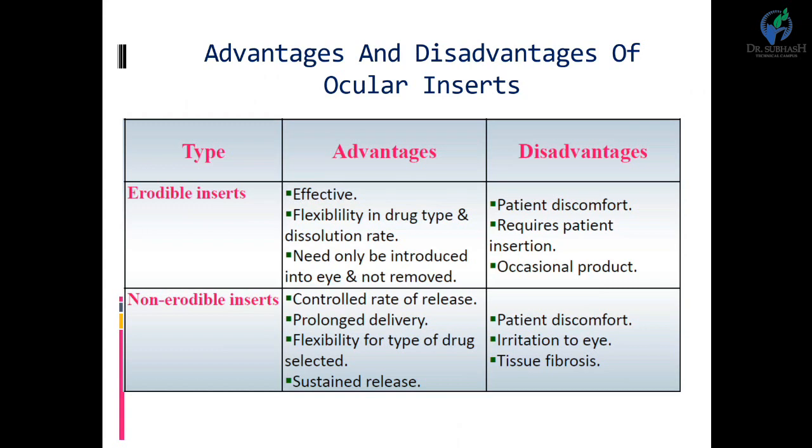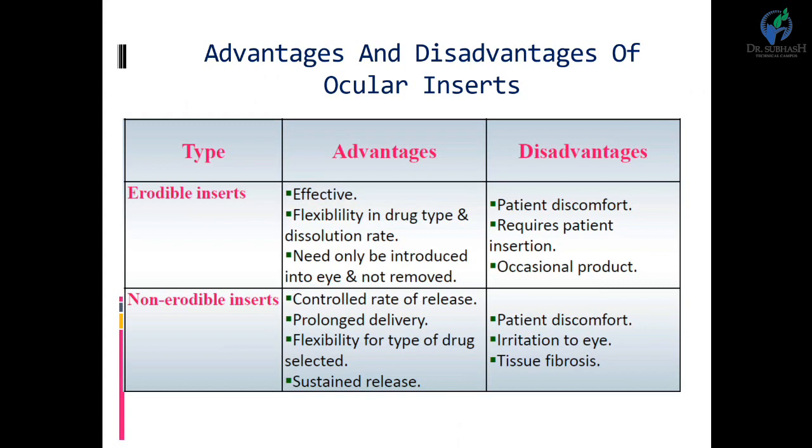Here we look at the common advantages and disadvantages of erodible and non-erodible inserts. Erodible inserts are effective, with flexibility in drug type, and need only be introduced into the eye and do not have to be removed. Compared to erodible, non-erodible inserts achieve better control of release rate, prolonged and sustained delivery, and flexibility in drug type, but they have to be removed.